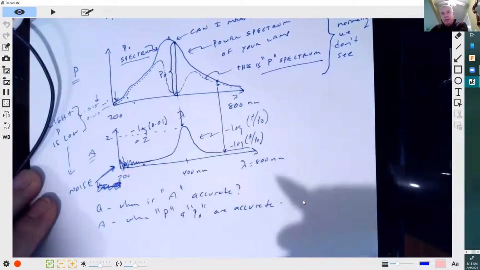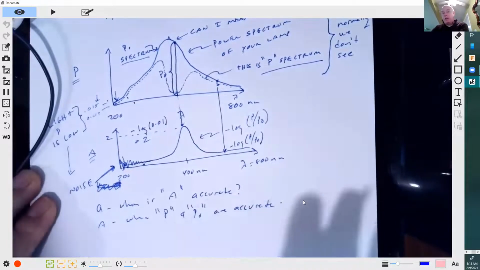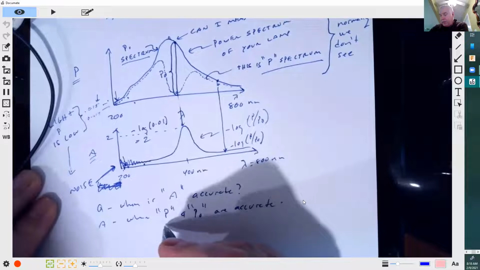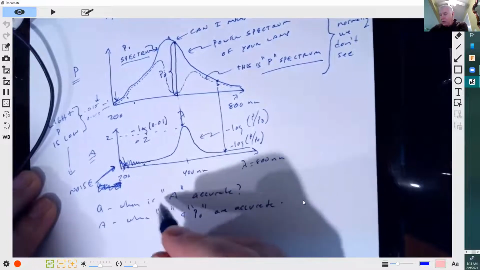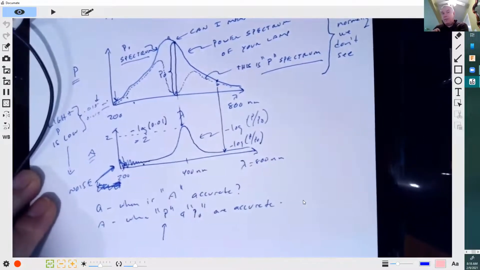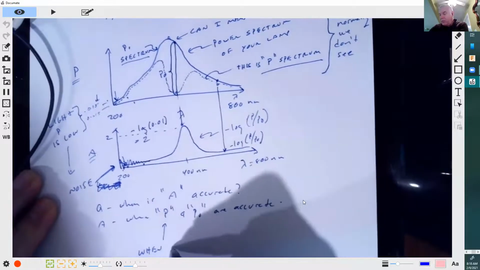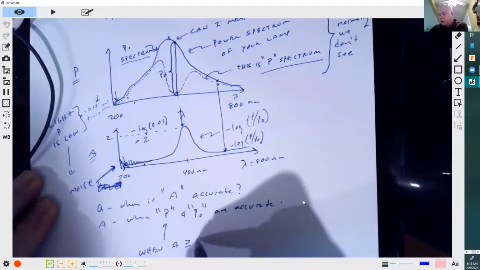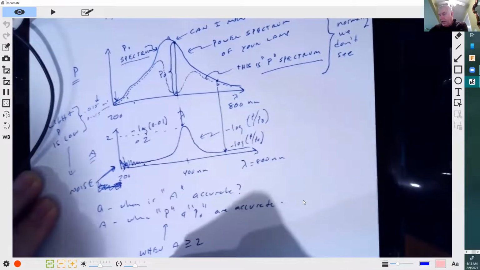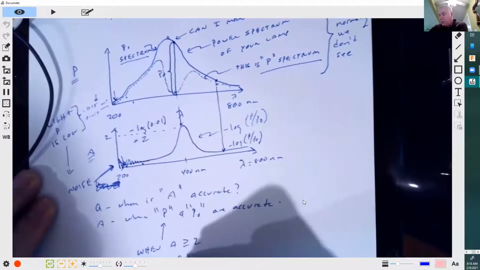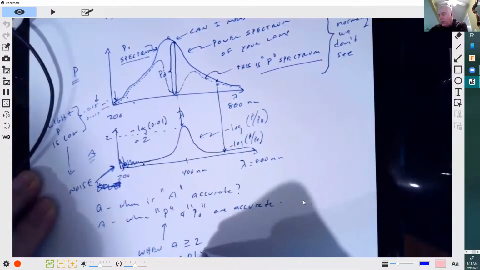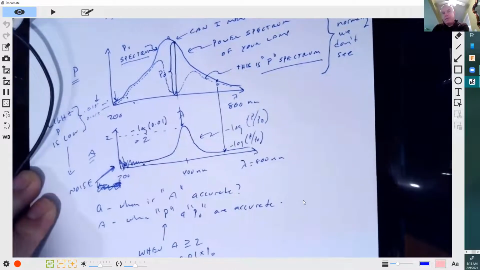The upper limit of absorbance greater than 2 being inaccurate has to do with the value P, because when absorbance is greater than or equal to 2, then P is less than or equal to 0.01 times P0.